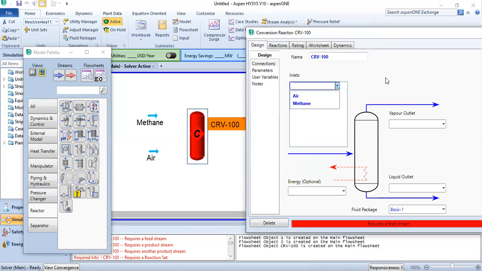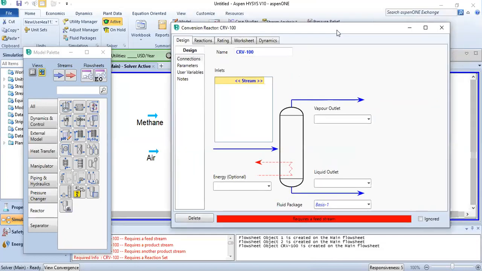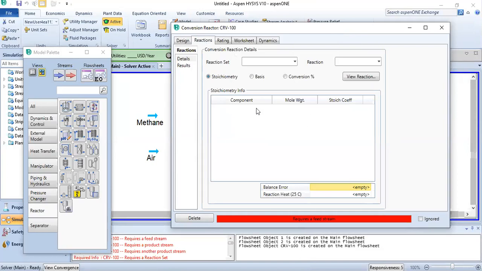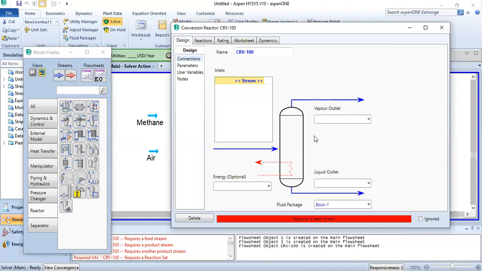It is very much similar to our separator. If you remember, when we clicked the separator, the look was very much similar to this: inlet and optional energy stream, liquid outlet, vapor outlet, right? But here the things are different. Otherwise, this page is very much similar to the earlier one.